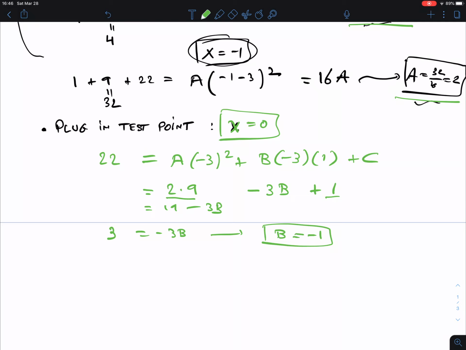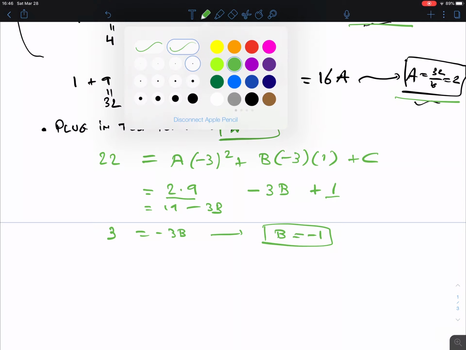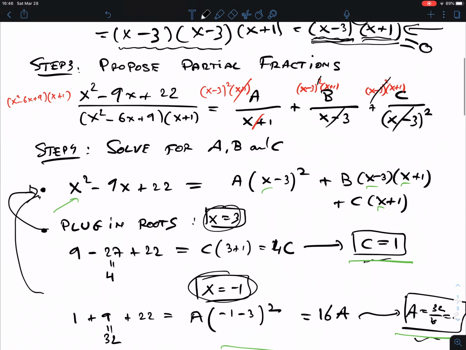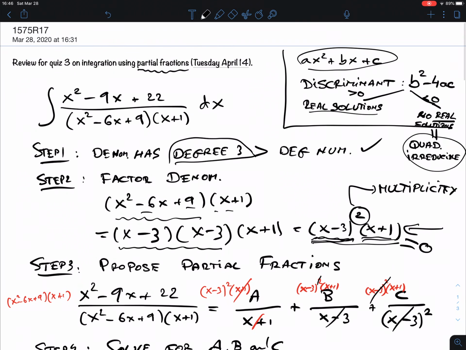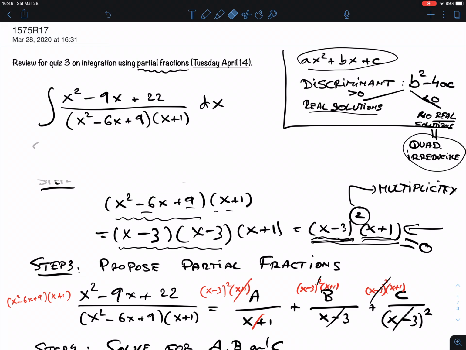So let's now go back to our integral. Okay, we have now written this whole thing in partial fractions. I'm going to erase this here so that I can show it better. These calculations, you can always go back on the video, right? There's nothing lost here.